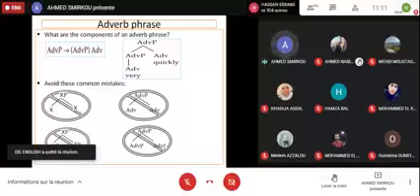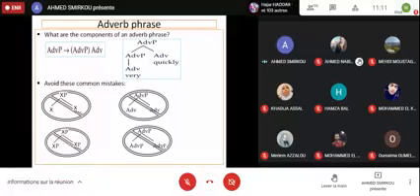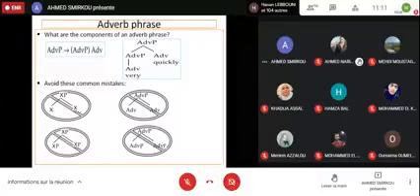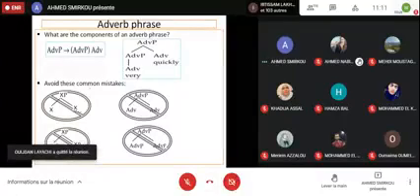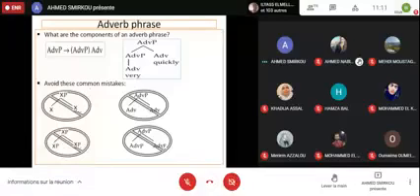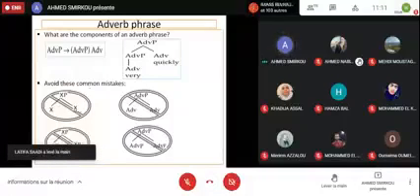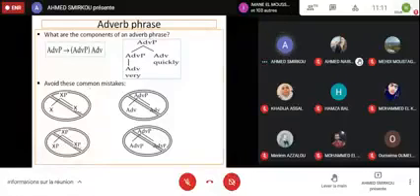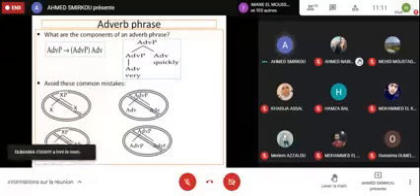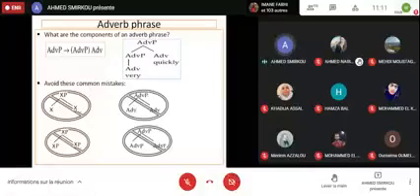Can anyone tell me why? Because in this example, this phrase has two heads, because any lexical category has the chance to be the head of this phrase.